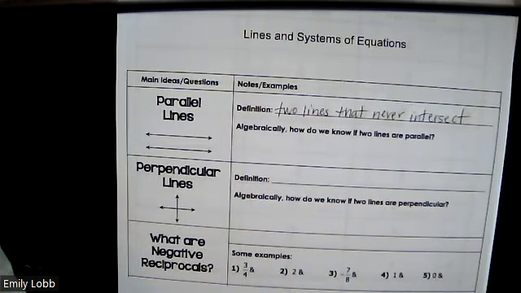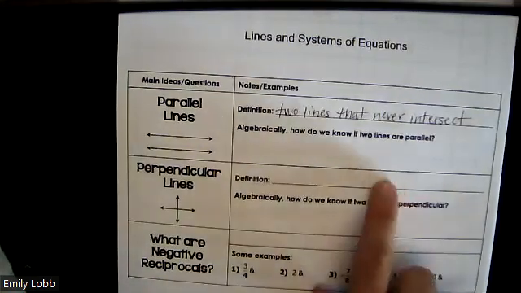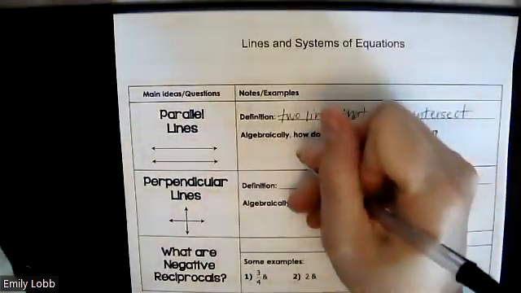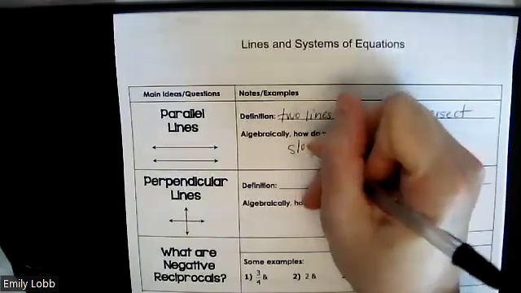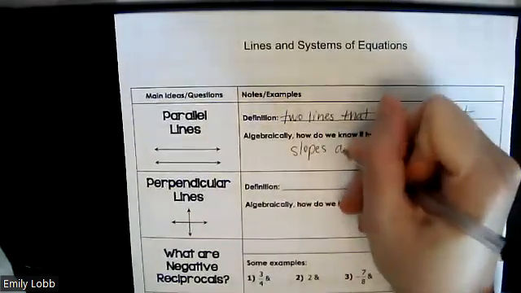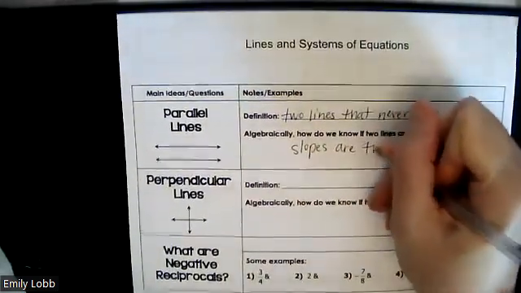How do we know that they're parallel? Algebraically, their slopes are the same.